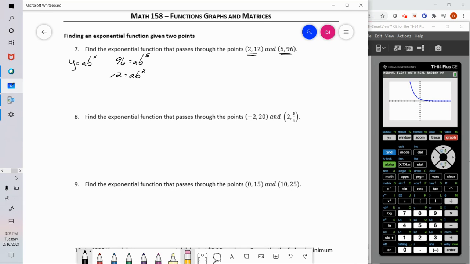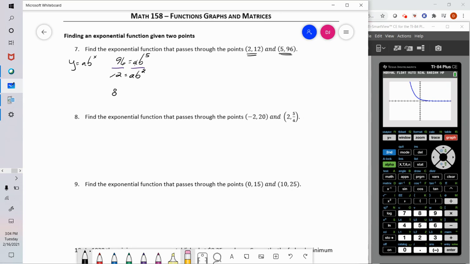When I'm finding the equation of a line, I would subtract the two equations because I want to subtract out the b values, right? And y equals mx plus b. Here, I'm going to divide both sides of the first equation by each side of the second equation. So 96 divided by 12 is 8.